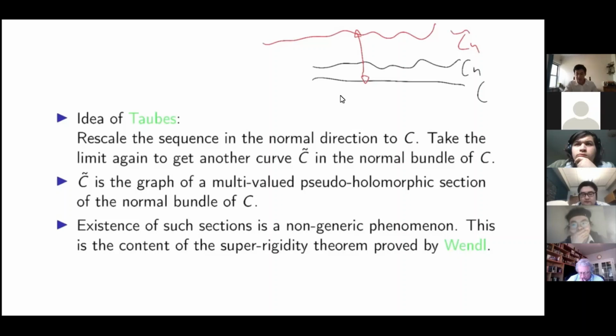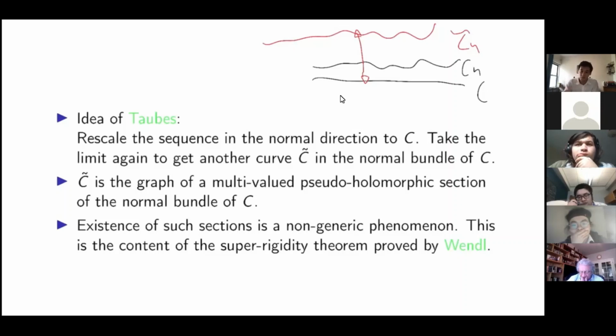Now the point is that this rescaled sequence will also have bounded mass. They will no longer be holomorphic with respect to the original almost complex structure, but with respect to some rescaled almost complex structure. But the sequence of these rescaled almost complex structures converges to another almost complex structure. Since the sequence has bounded mass, I can use the same trick that I used before.